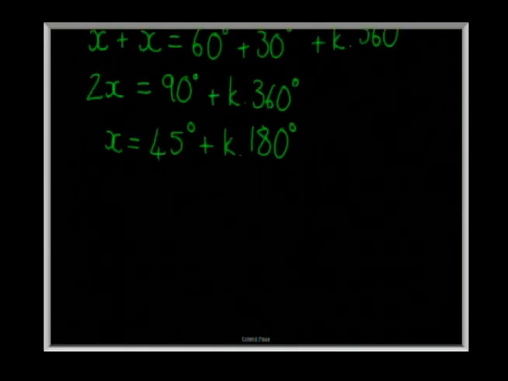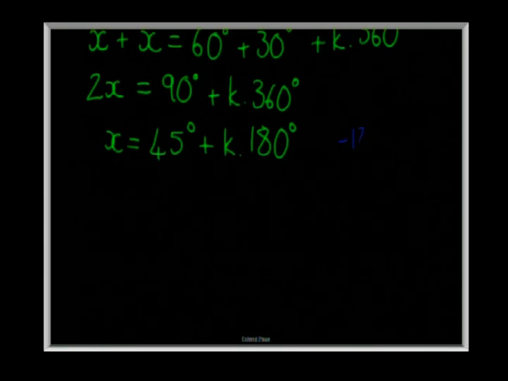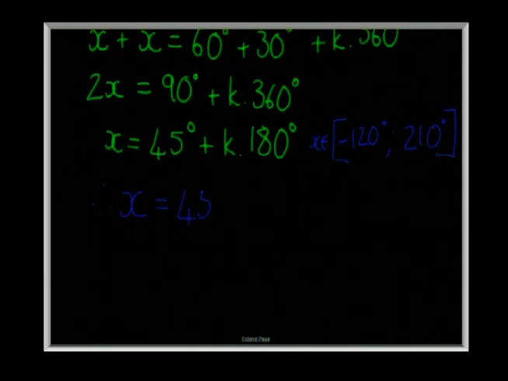If we substitute 0 into k, it means that we're going to get 45 degrees plus 0. Does it fall between negative 120 degrees? Remember, x is an element of negative 120 degrees and positive 120. Does 45 degrees fall between those? Yes, it does. So x can therefore equal 45 degrees.